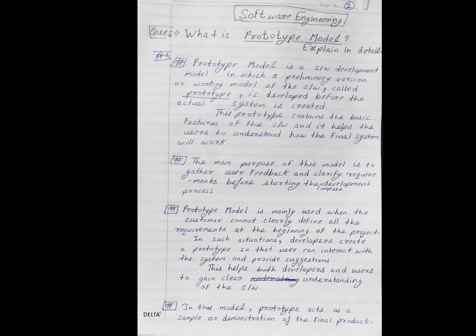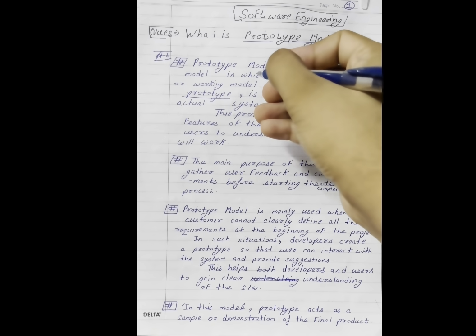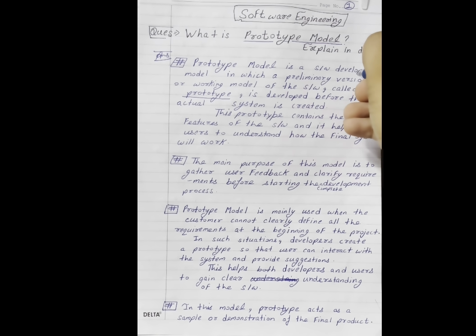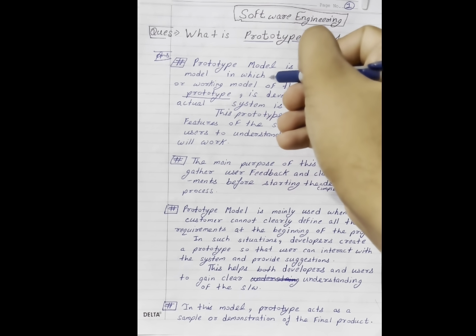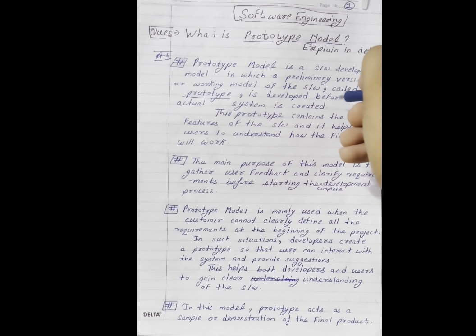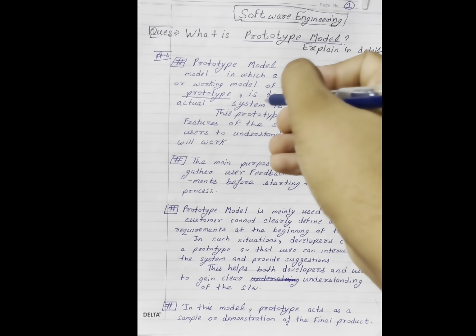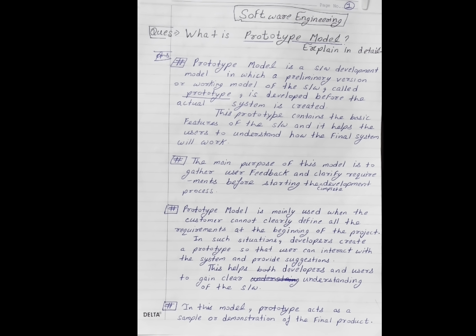So guys, prototype model is a software development model in which a preliminary version or working model of the software, called prototype, is developed before the actual system is created. This prototype contains the basic features of the software, and it helps the users to understand how the final system will work.